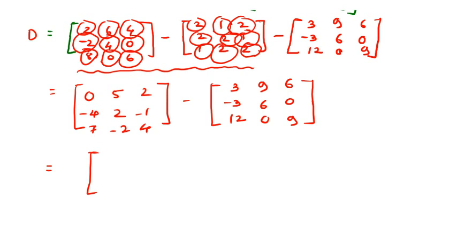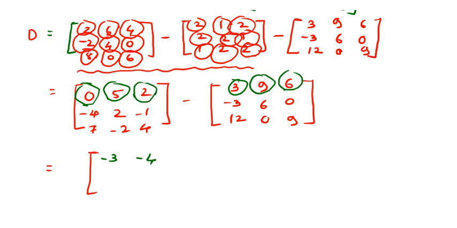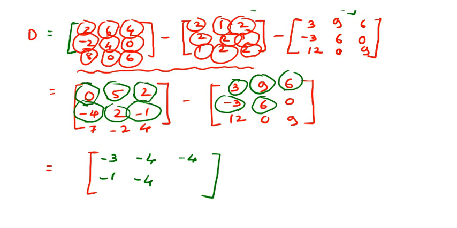Okay, so finally we will get this: 0 minus 3 will be minus 3, 5 minus 9 will be minus 4, this 2 minus 6 will be minus 4, then this minus 4 plus 3 will be minus 1, then 2 minus 6 will be minus 4, then minus 1 minus 0 as it is, minus 4, then this 7 minus 12 will be minus 5, then minus 2 minus 0 will be minus 2, and 4 minus 9 will be minus 5.